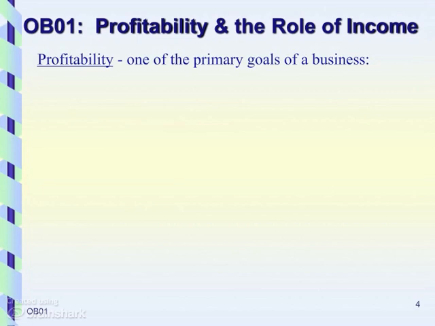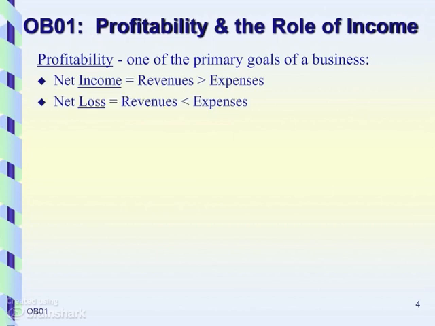Net income is the preferred term to be used when we're describing a company's or business's profitability. Net income is more specific. It can only be specifically defined as either when we have revenues greater than expenses or when we have revenues less than expenses.